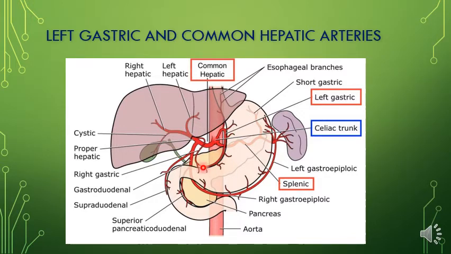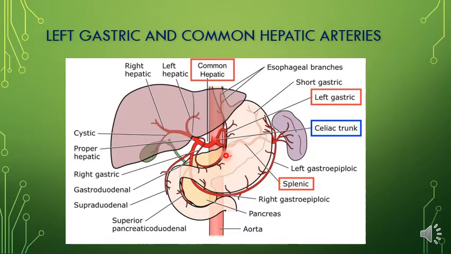This is the right gastric artery, which comes from the hepatic artery. This is the right gastric, and this is the left gastric coming directly from the celiac trunk. So both these right and left gastric arteries anastomose along the lesser curvature within the folds of the lesser omentum.